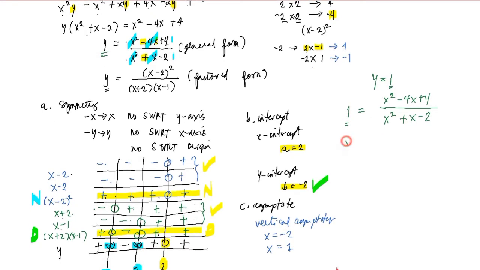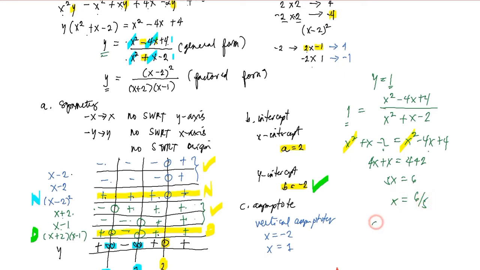So, we have here x squared plus x minus 2 is equal to x squared minus 4x plus 4. So, alis na ito, cancel na sila. And we have here 4x, lipat natin sa kabila. So, 4x plus x. Tapos, ito, lipat natin sa kabila. So, that's 4 plus 2. So, we have here 5x is equal to 6. So, x is equal to 6 over 5.